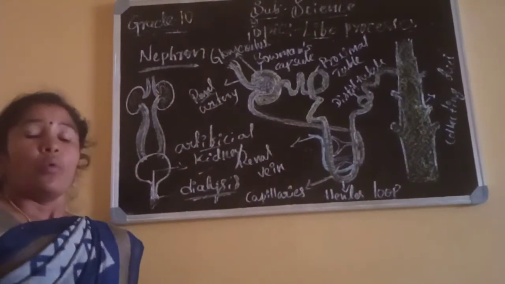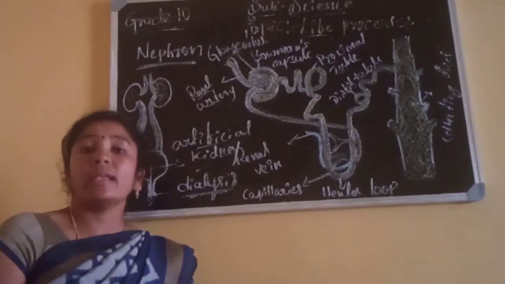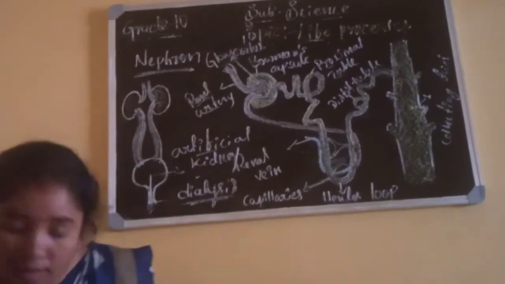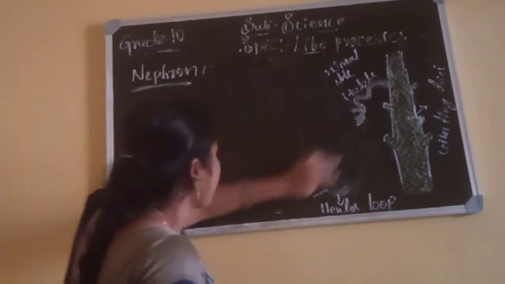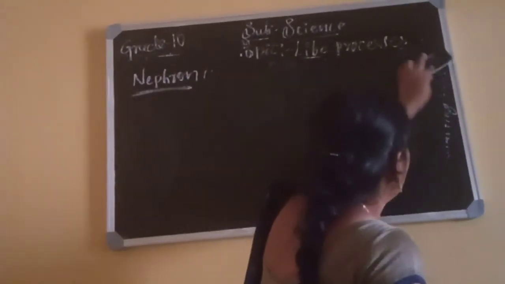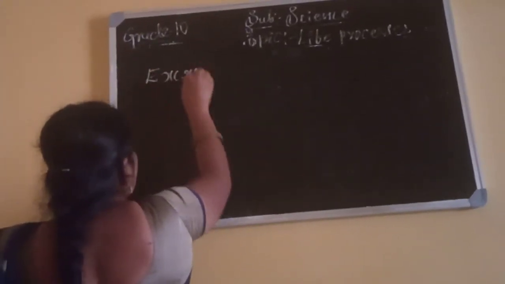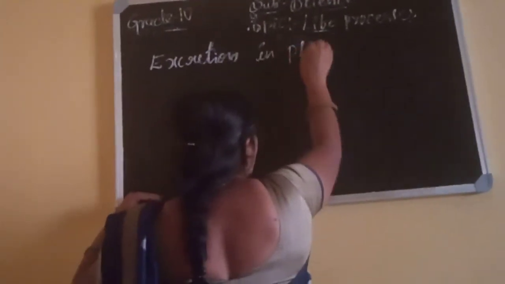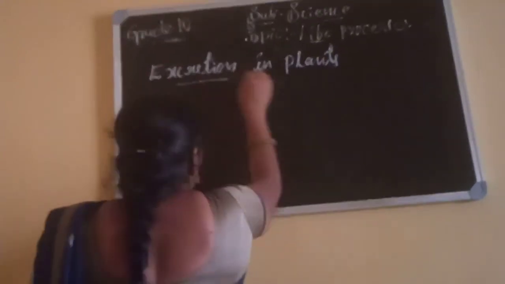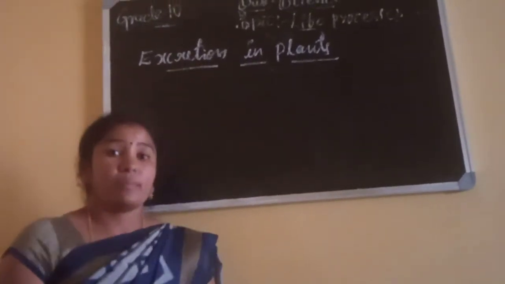Understand? Now, the excretory system in plants. Let's see how plants excrete waste products.